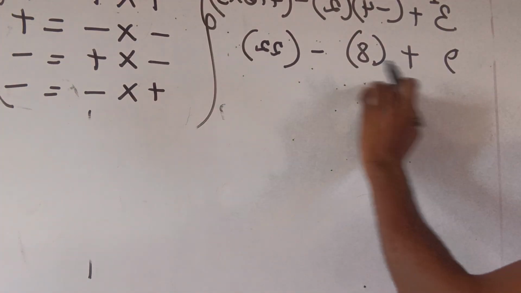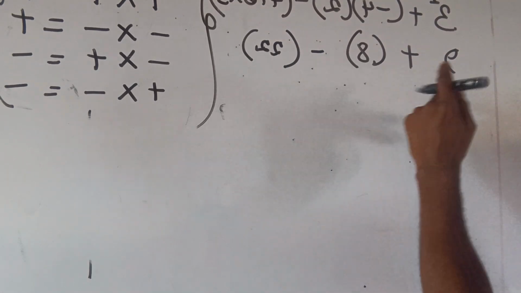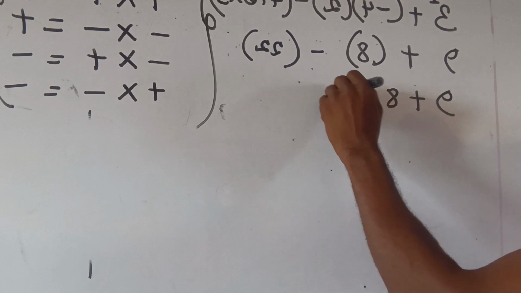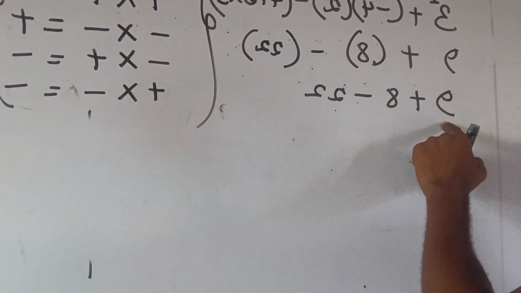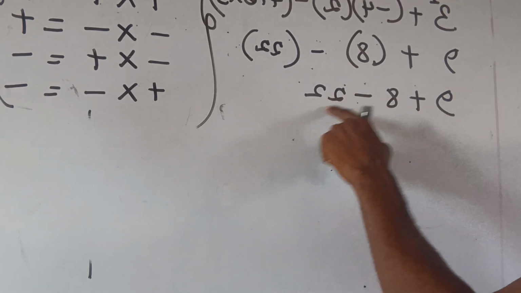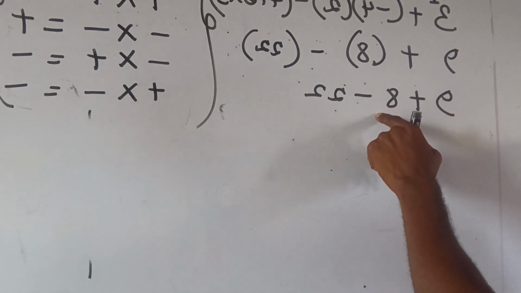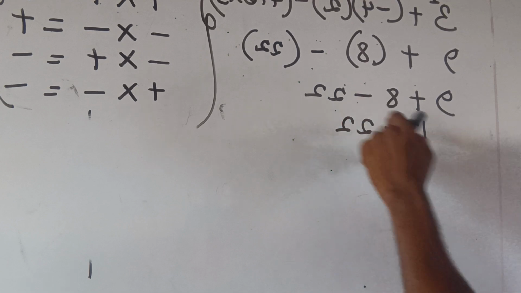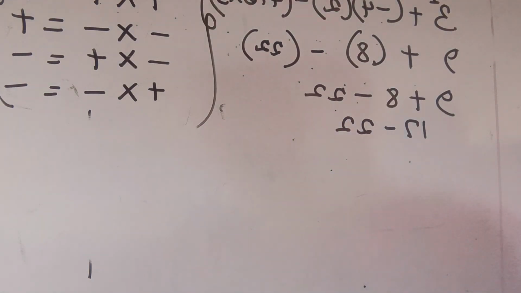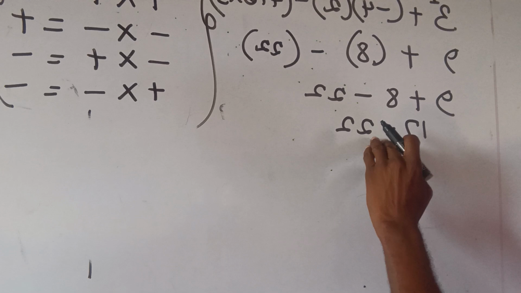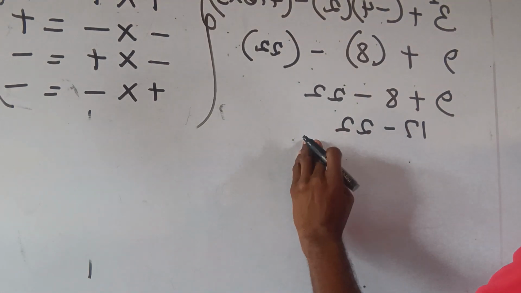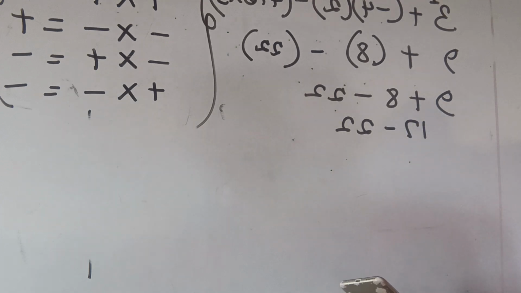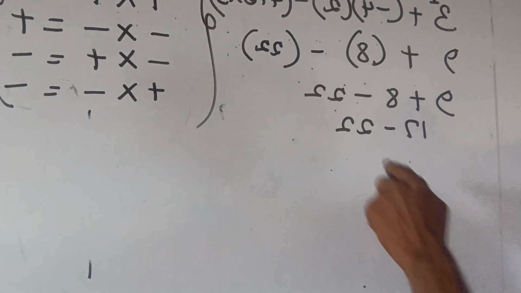So if I want to remove the bracket, I'm going to have 9 plus 8 minus 22. What is 9 plus 8? That is 17 minus 22. 17 means plus 17. And this is minus 22. I have 17 naira, but I'm indebted to the tune of 22 naira.